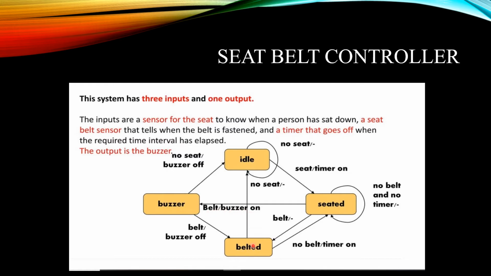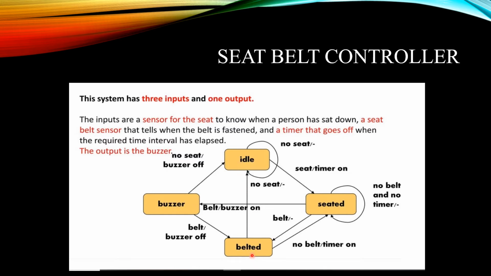Coming to the belted state, what are the two possibilities? He can remove the belt, or he can come out of the car. If he comes out of the car, the state goes back to the idle state.